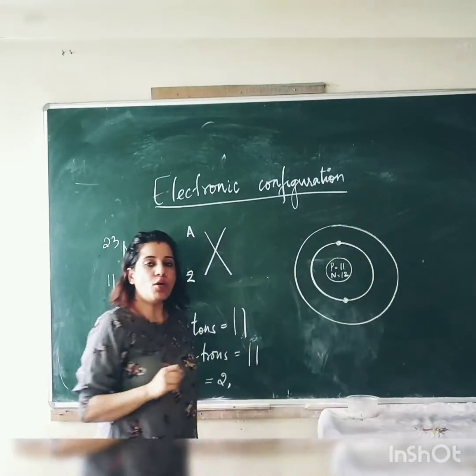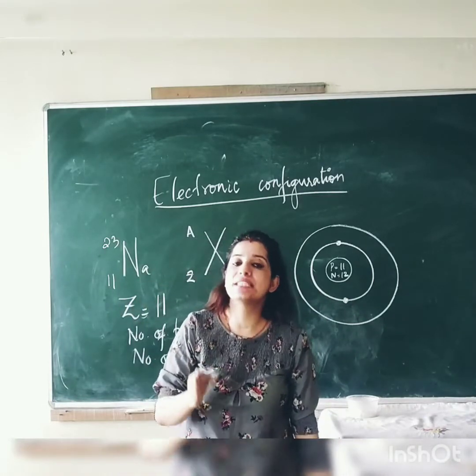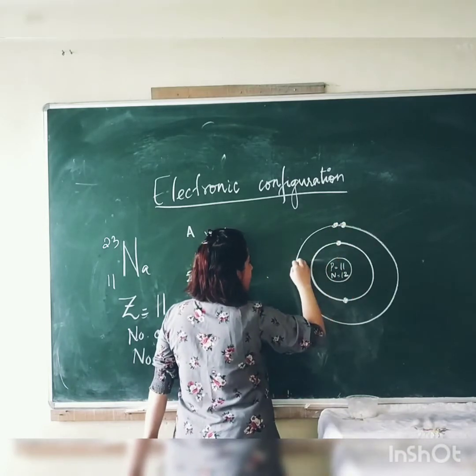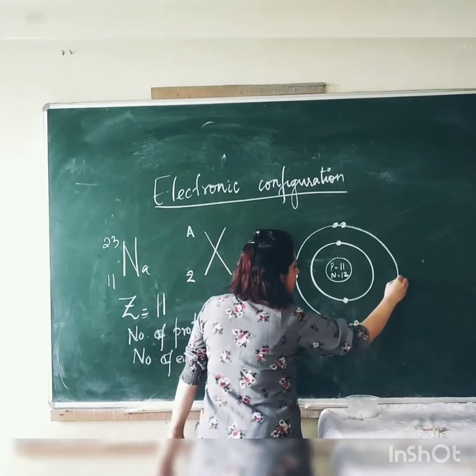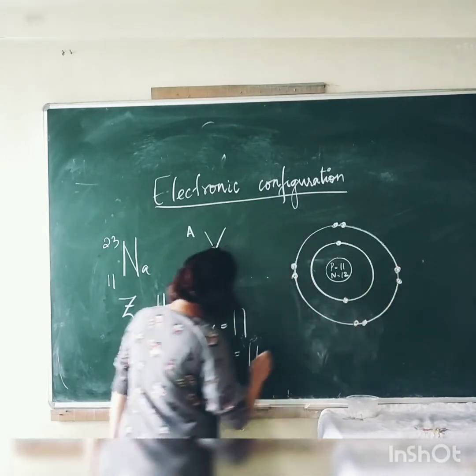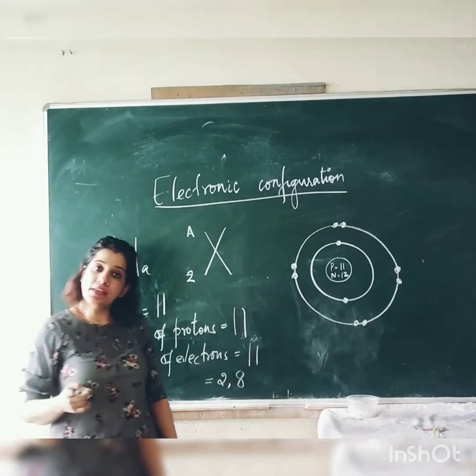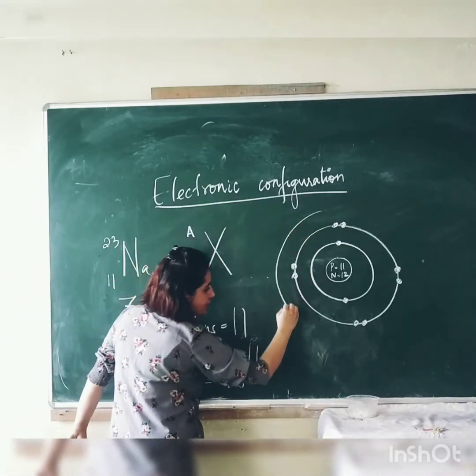The second orbit can hold a maximum of 8 electrons. So 1, 2, 3, 4, 5, 6, 7, 8. So how many electrons are left? Now only 1 electron is left.